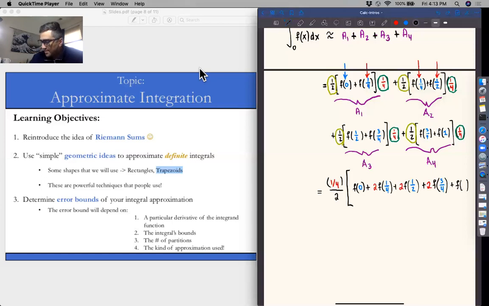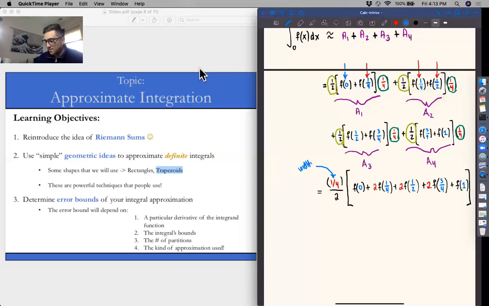And the reason I wanted to go through this very last step is our book is going to introduce this as a general formula for trapezoid rule, where we have basically the width of our intervals out in front, always divided by 2.